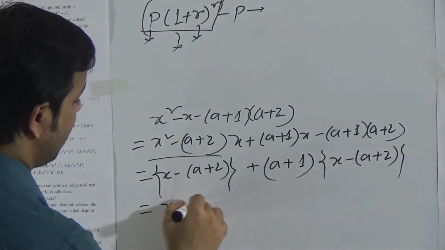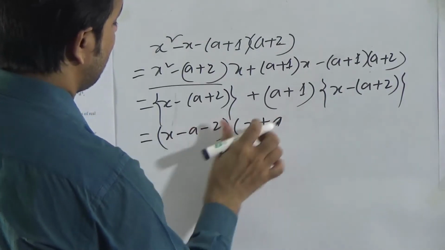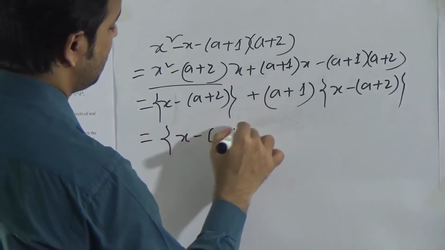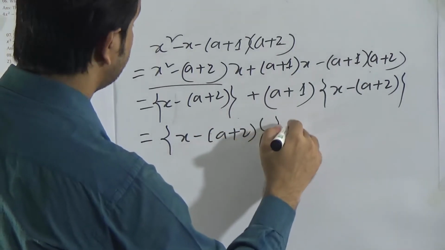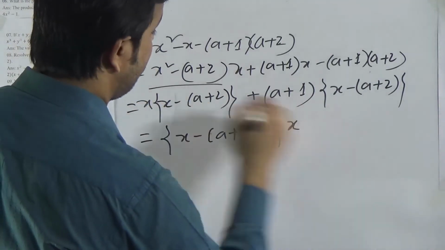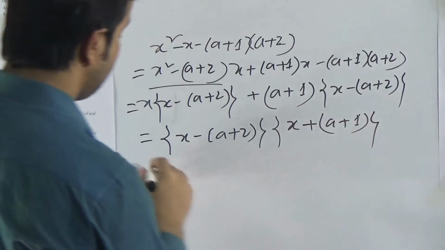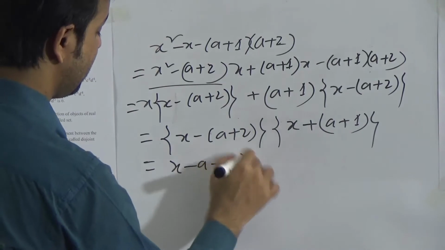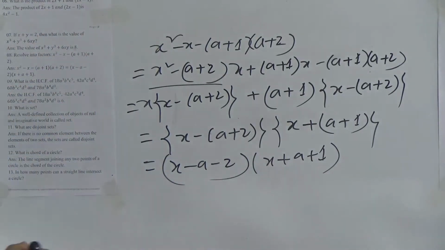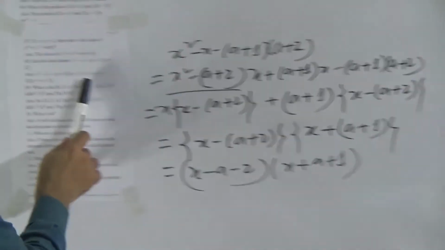So we can write it in detail: x minus (a plus 2), then take x as common, so we can write x plus (a plus 1). Now we can write this as (x minus a minus 2) and (x plus a plus 1). So our required answer is (x minus a minus 2) into (x plus a plus 1). So here is the required answer.